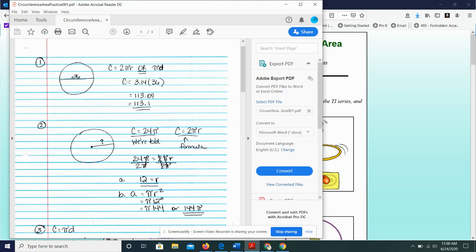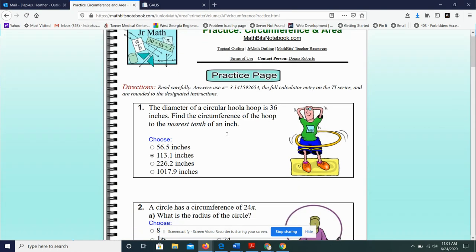They gave us the diameter, so we're going to use this formula. Pi is 3.14, diameter is 36. If you multiply those two, you get 113.09. It said to round to the nearest tenth. So that's the tenths place. The 9 is 5 or more, so we're going to raise that 0 to 1. So our answer was 113.1, which I checked.